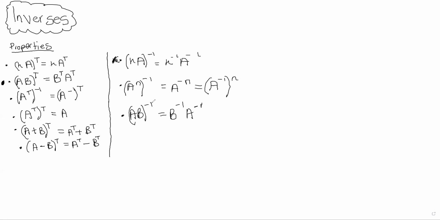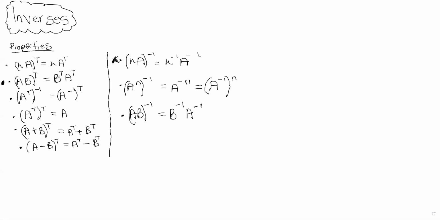As you can see, the B that comes first when you remove the bracket in terms of inverses. The B was number 2 here, and now it's number 1 here. So this is very important. And then the K, you give it a -1, and then the A, you give it a -1 as well. When it comes to transpose, it's almost the same thing.